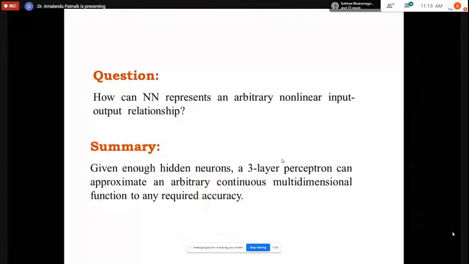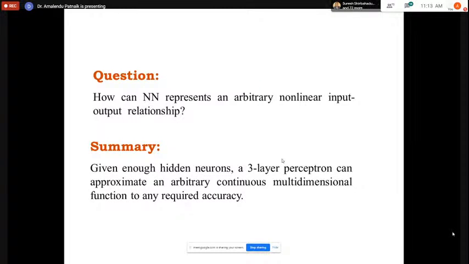Now, when you are applying these neural networks to find solutions of antenna problems, there are a few typical questions that usually come to mind. How can a neural network represent an arbitrary nonlinear input-output relationship? The answer is, given enough hidden neurons, a 3-layer perceptron can approximate an arbitrary continuous multidimensional function to any required accuracy.